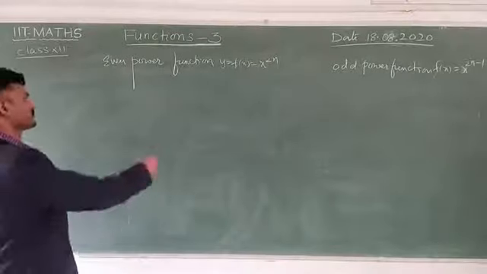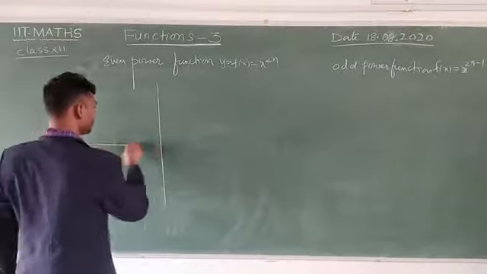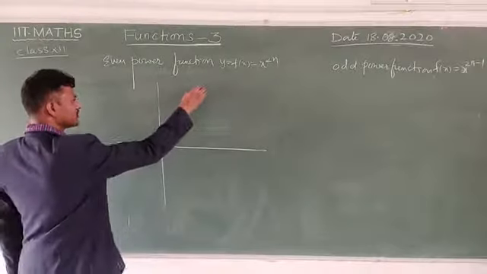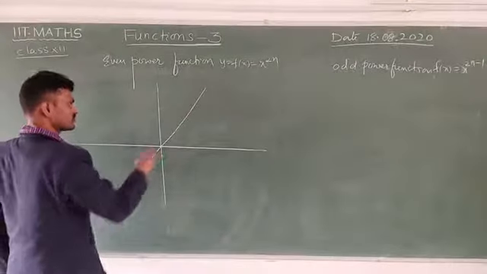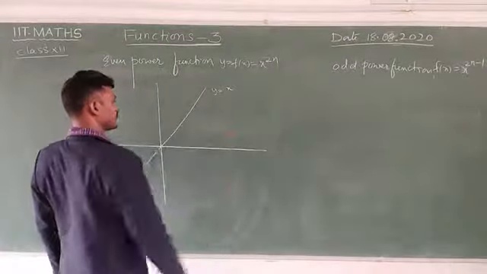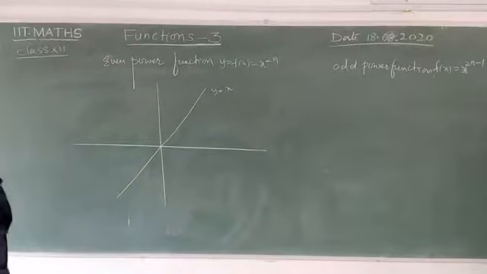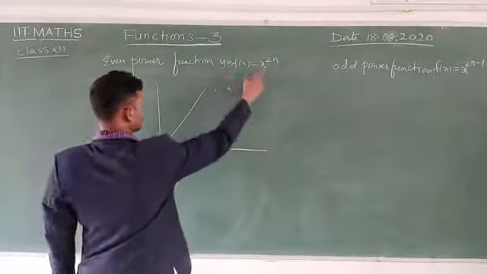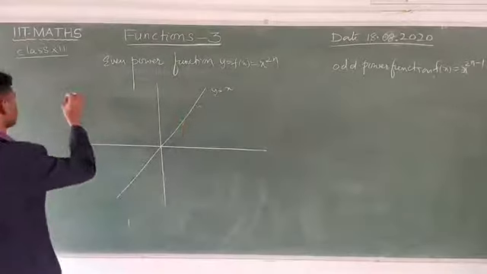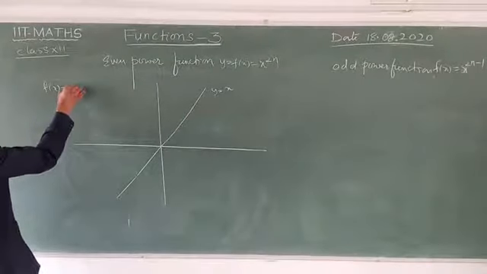Now we have to represent the graph of the even power function, f of x is equal to x to the power of 2n.